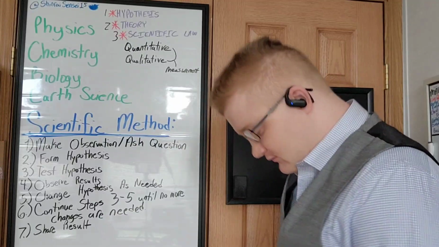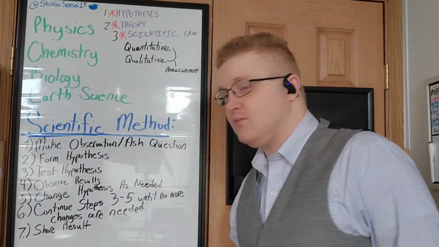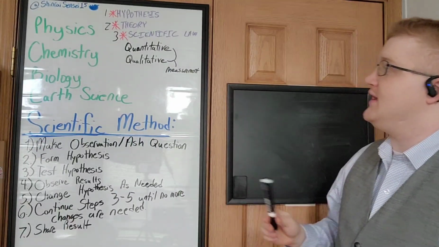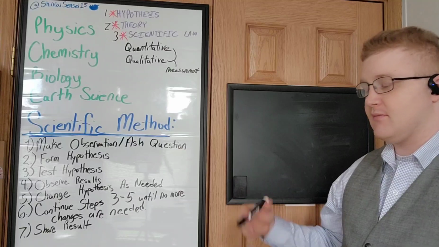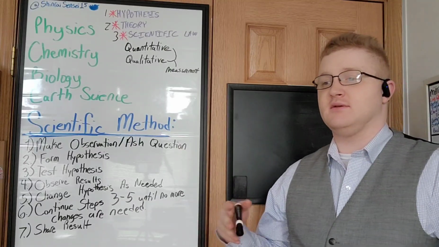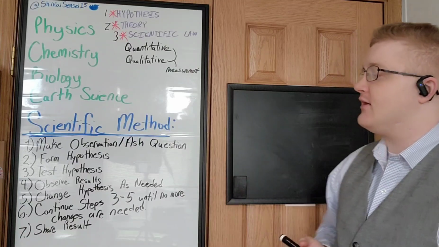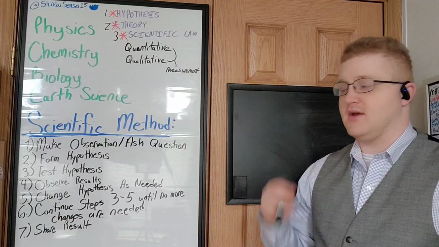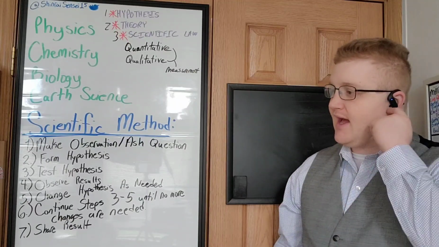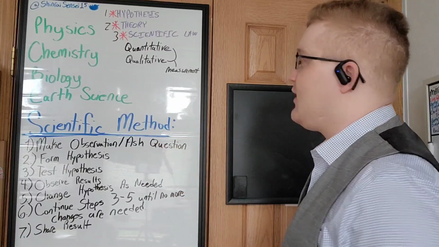Now, moving on from the scientific method, we're going to go into the hierarchy of scientific questions, right? The hierarchy of questions and where they fall in terms of testing as well as accuracy to the world and universe around us.